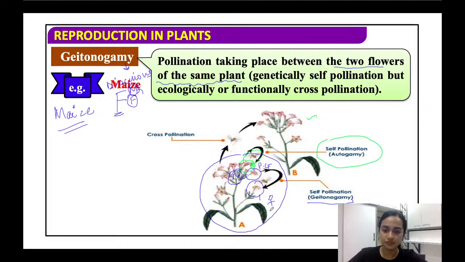Now these are two different plants. Pollinators will go from here to the other plant with the help of insects, air, or any medium. When two different plants are involved, then it is cross-pollination. I hope all three points are clear.